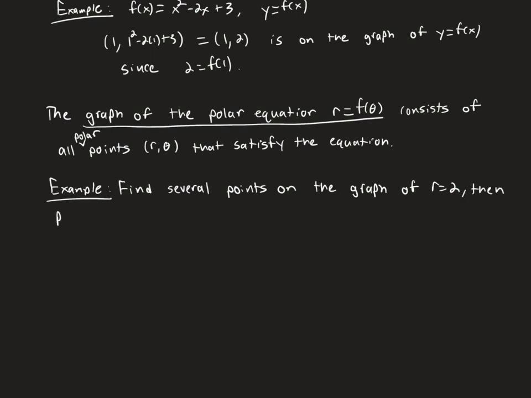Then plot the points and sketch the graph. So here, we're thinking of f of theta, our function, as the constant function 2. So let's make a table.